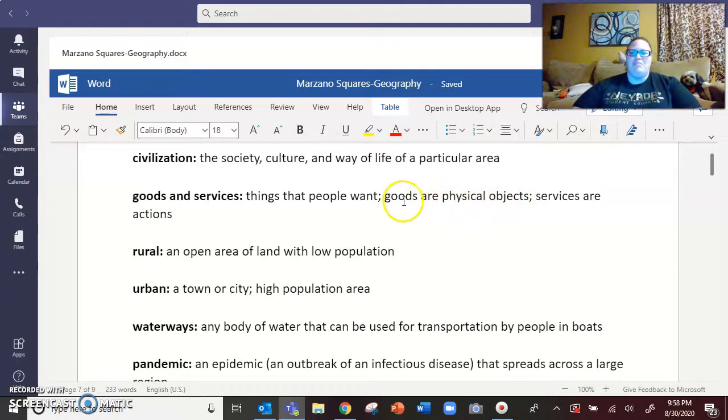Anything that people want to buy are considered goods. And services are actions. So the cashier at the grocery store or the waiter at a restaurant. You remember restaurants? Or a teacher provides services. Okay? So the services are the actions, the goods are the physical objects.